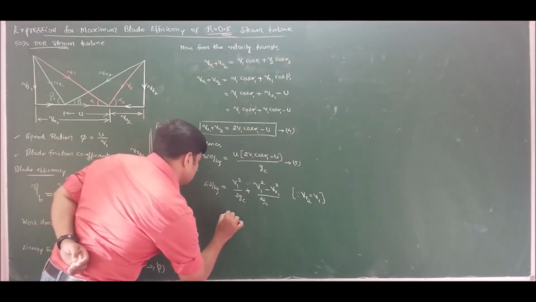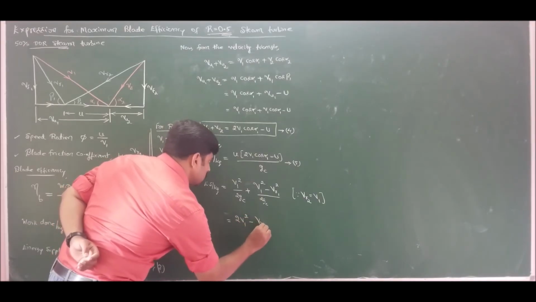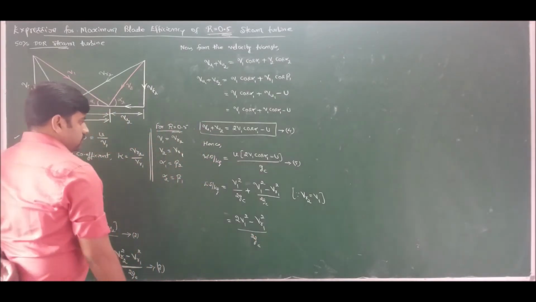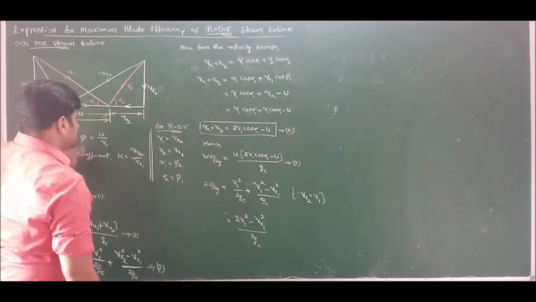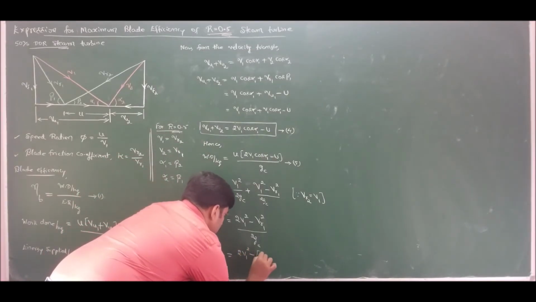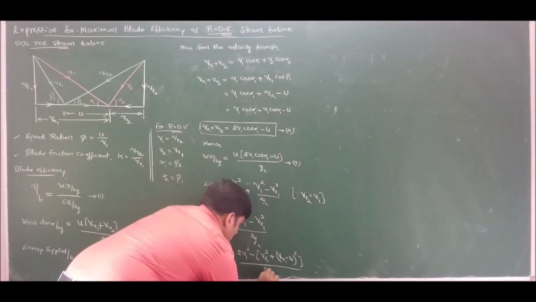Now if I simplify, V1 square plus V1 square is 2V1 square, so 2V1 square minus VR1 square by 2gc. Now VR1 square can be written as Vf1 square plus VU1 minus U whole square. This is equal to 2V1 square minus Vf1 square plus VU1 minus U whole square, divided by 2gc.